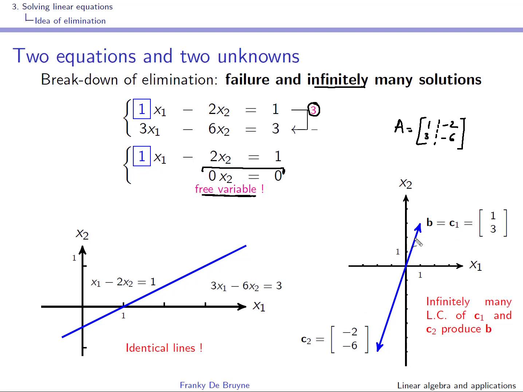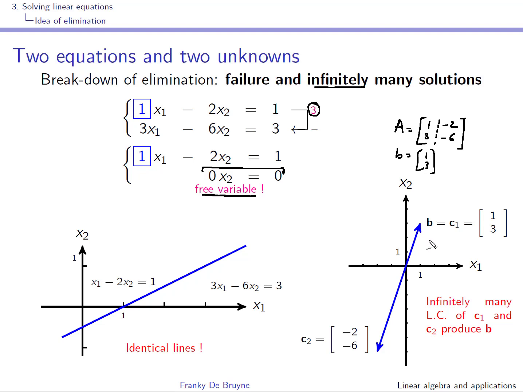But in this case here, the vector B, 1, 3, is on the line that is being produced by taking all linear combinations of C1 and C2.